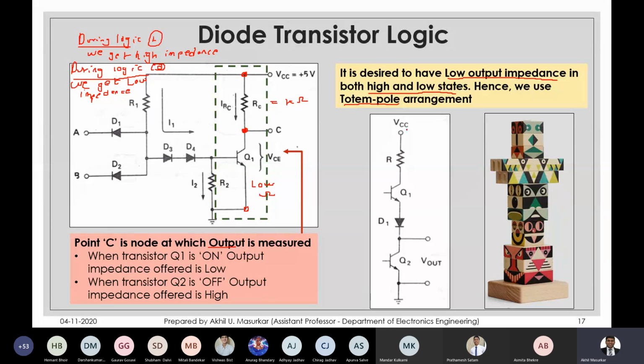I don't know why, but the designers felt that this part is like R, this part is Q1, this part is like a diode D1, and this part is like Q2. So R, Q1, D1 and Q2 are arranged in totem pole arrangement. I am not expecting you to draw this figure, but yes, you should write this and draw this circuit.